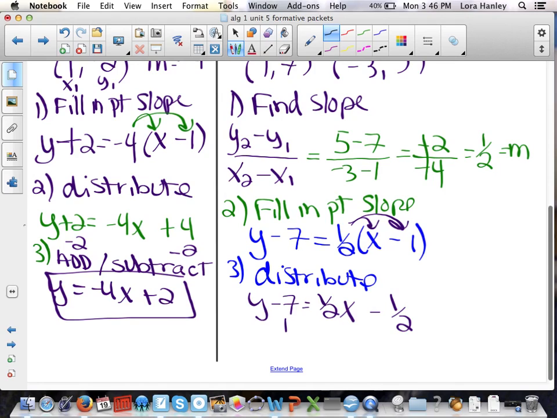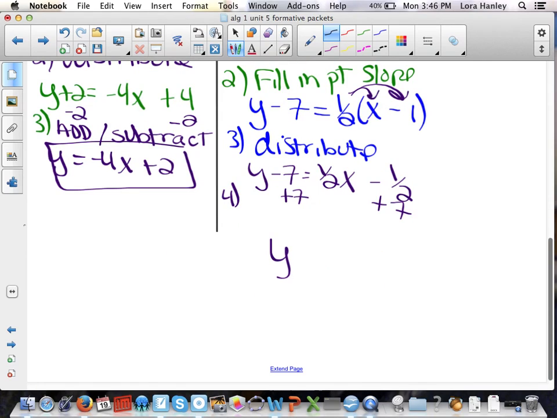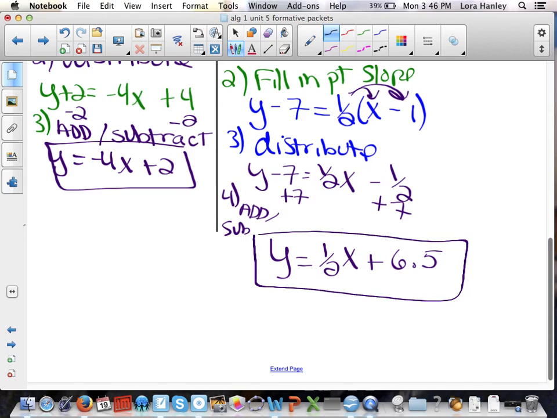Lastly, I'm adding 7 to the left and the right, so that is your fourth step. And you simplify and end up with y is equal to 1/2 x plus 6.5. So our last step here was to add or subtract. And either way you do this, whether you have 2 points or a point and slope, you should end up in slope-intercept form.